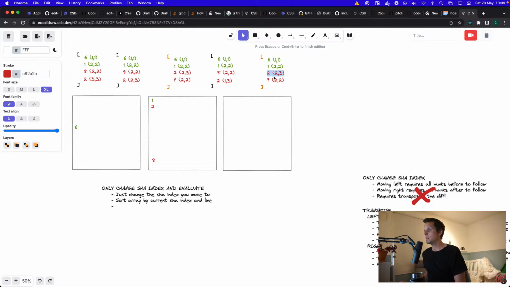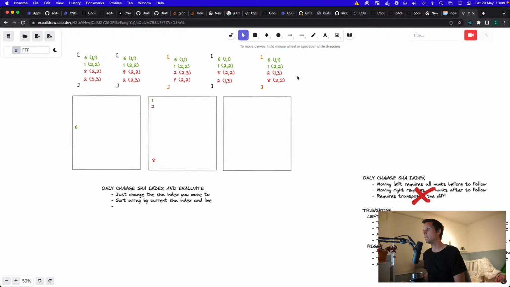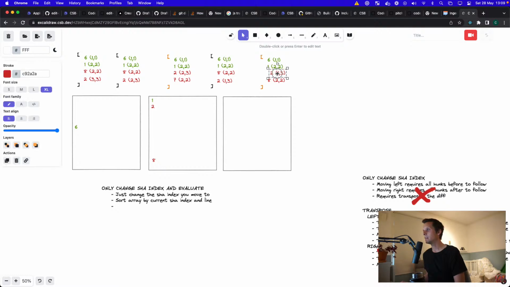We sorted it again. Let's make it look like its original one. So this is 8, this is still 2, but now it's 1, 3. We'll sort it. So now it changes place with this one. Okay. Oh, sorry. It's actually up here. Sorry.